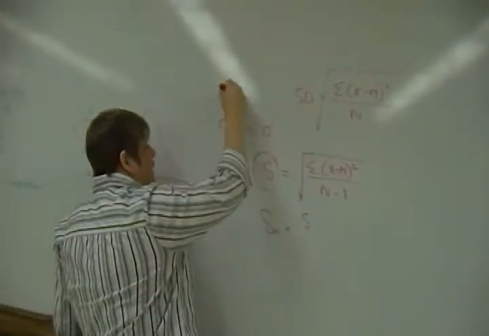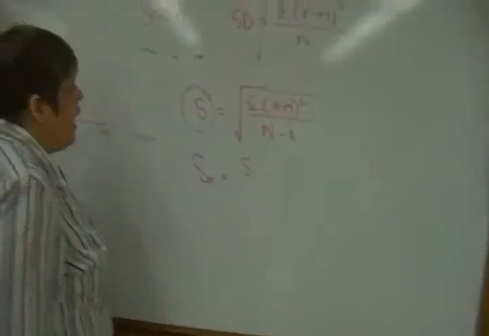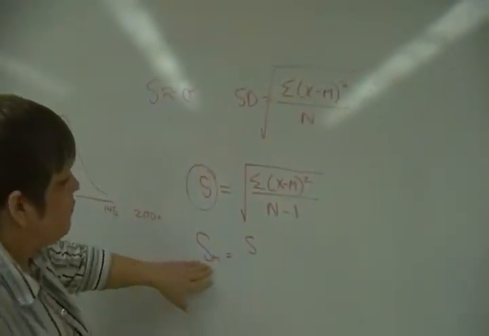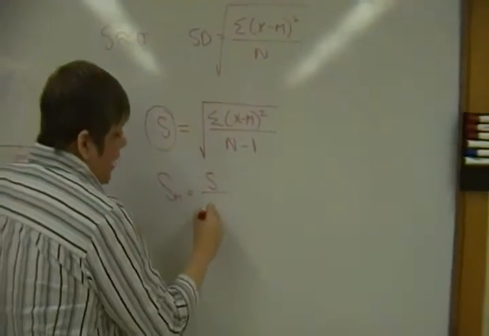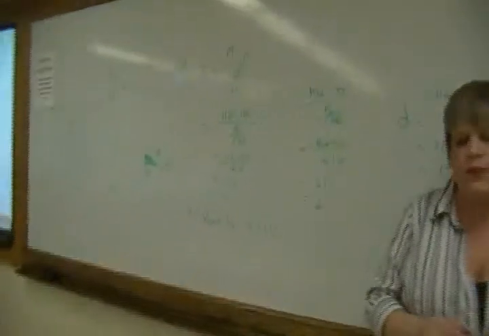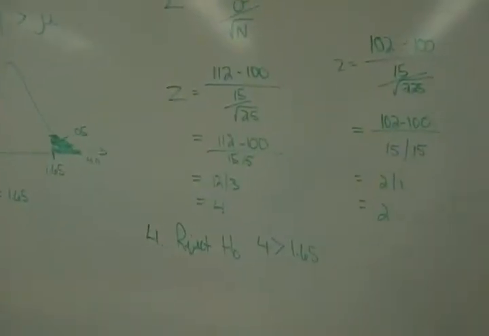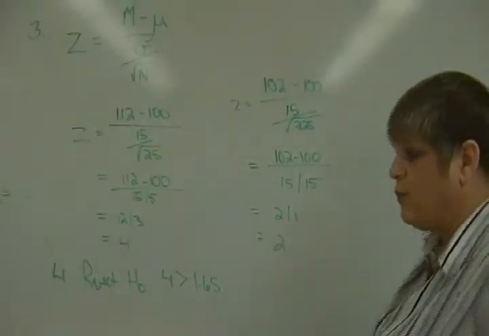So S, we would say, is roughly congruent to sigma, all right? And we're going to take this S value that we calculate here and again divide it by the square root of n, just like we did here in our single sample z-score, okay? So let me erase this board and we will do the t-test for a single sample, okay?